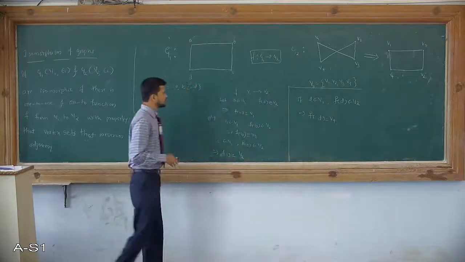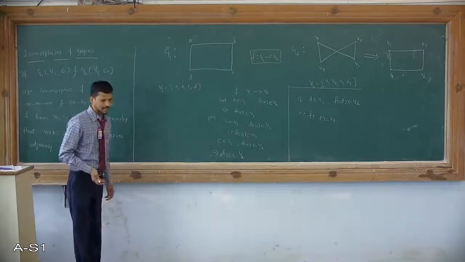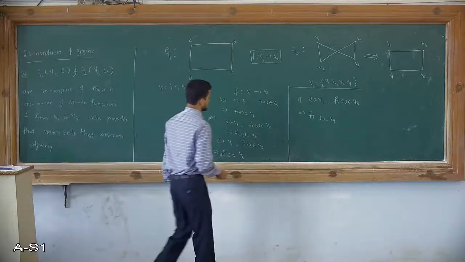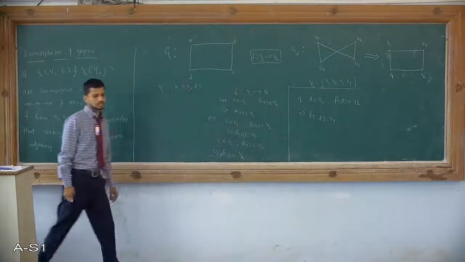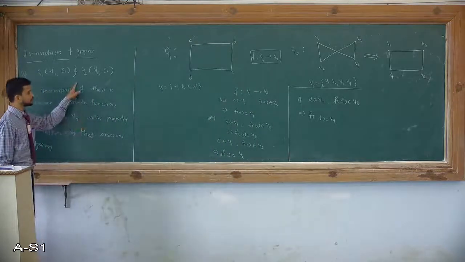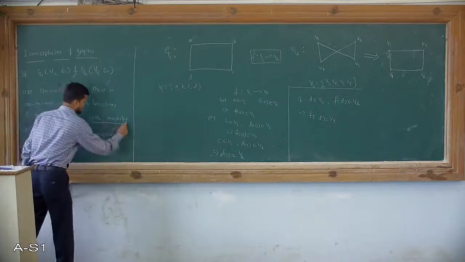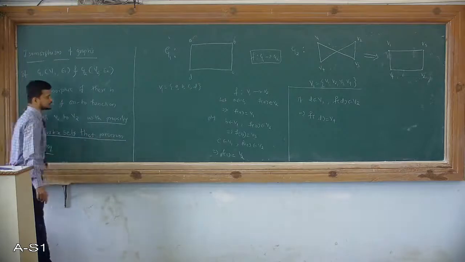So now we need to check the adjacency in this graph. Now I'll explain by taking up adjacency, because the last sentence of the definition is very important here: a function from vertex set V1 to V2 with the property that it preserves the adjacency.